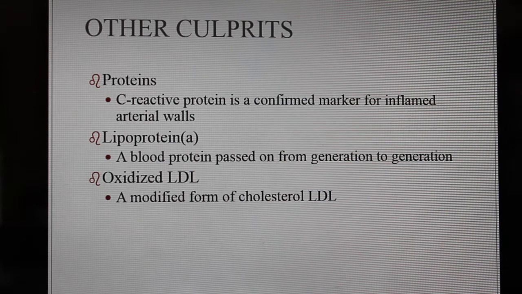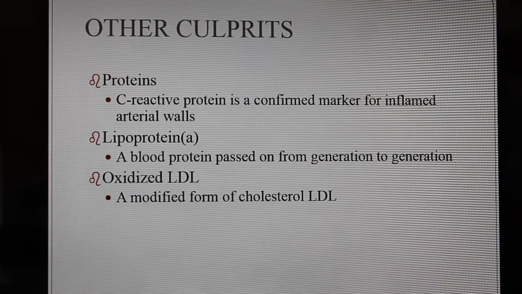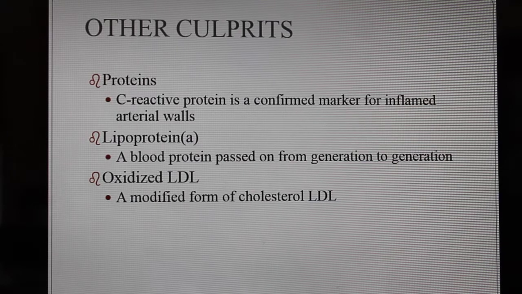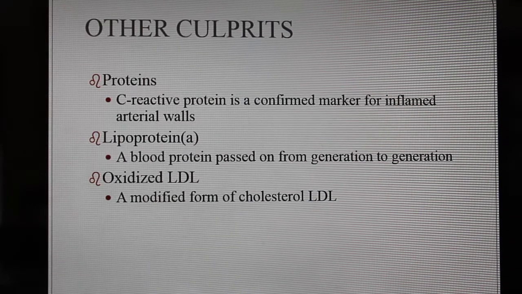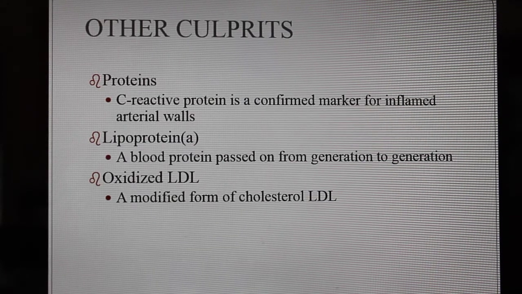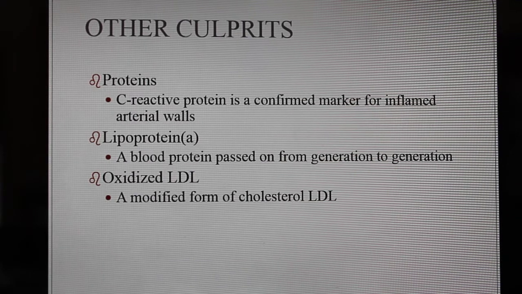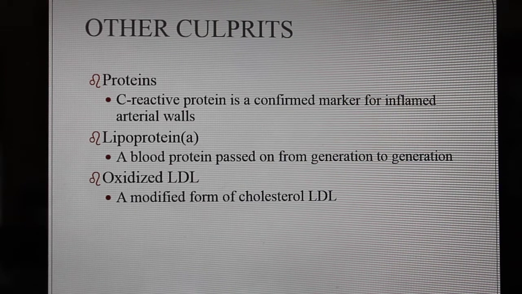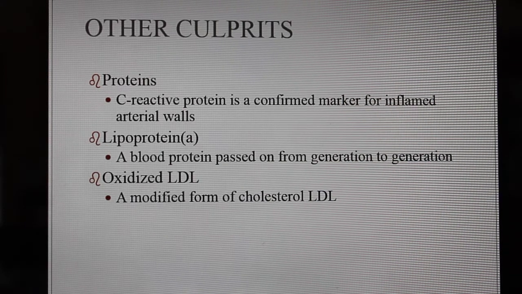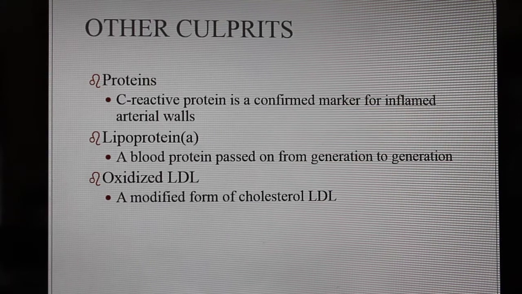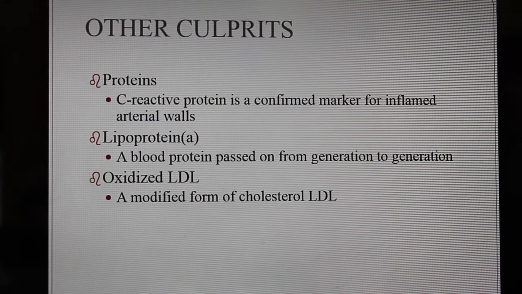Also, because it can resemble LDL, which is your bad cholesterol, it slows the removal of clots. So if there are clots being formed, it's going to slow the removal of those clots, which would also allow them to stick to the arterial walls.